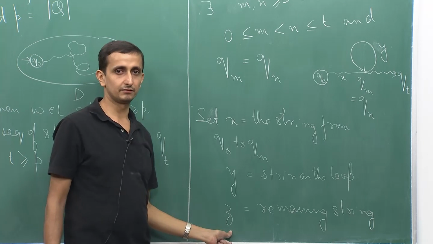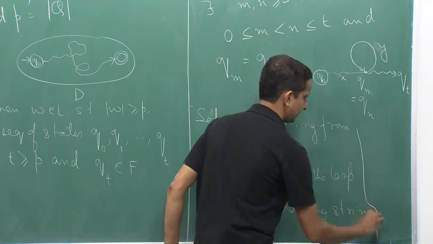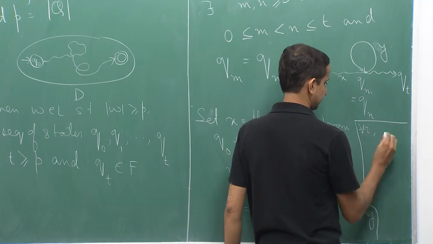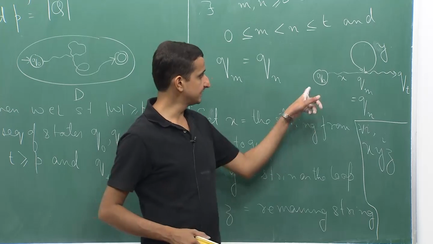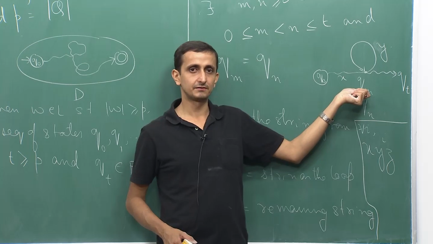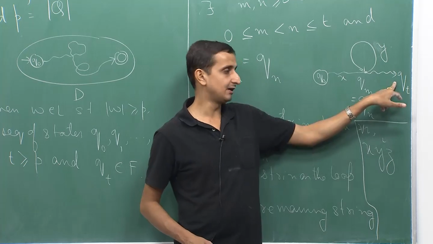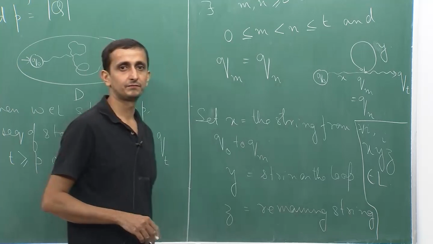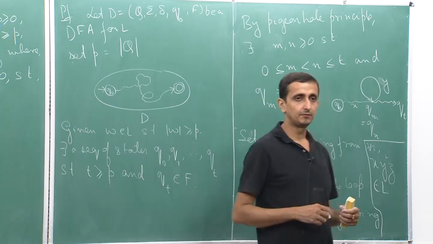And z is the remaining part of the string. The remaining part is easy: for all i, if we look at the string x y to the power i z, it just means that after I take x, I repeat y i number of times. Every time I repeat y, I end up at this state, and then if I follow z, I end up at qt, which means that this belongs to the language L, which completes our proof. Okay. So, that will be all for today. Thank you.